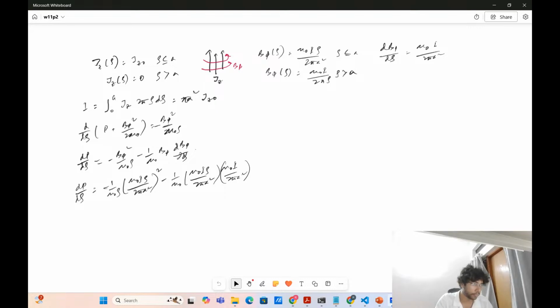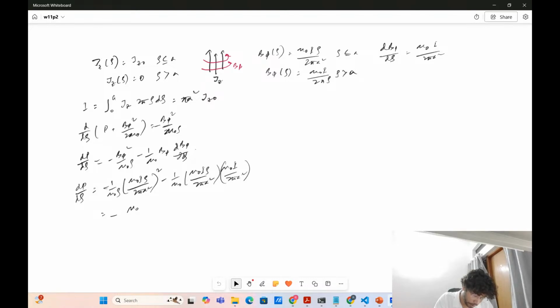Right. So if you just solve this, let's see. So 1 mu naught cancels with 1 mu naught in the first term. One rho cancels.